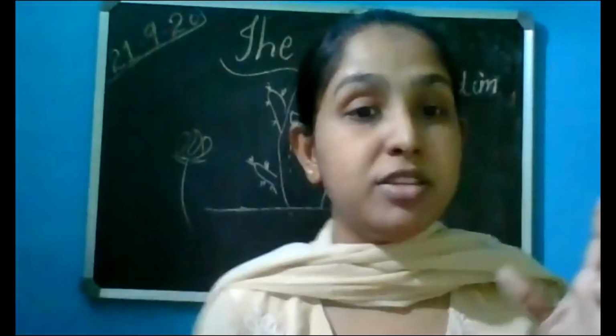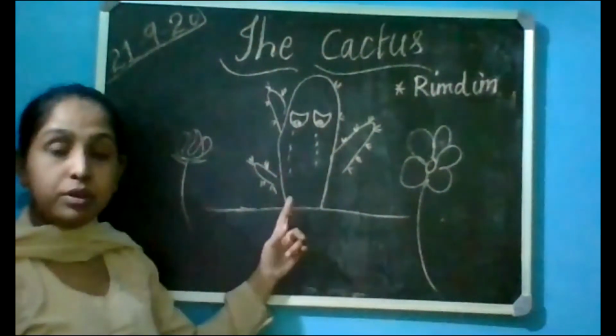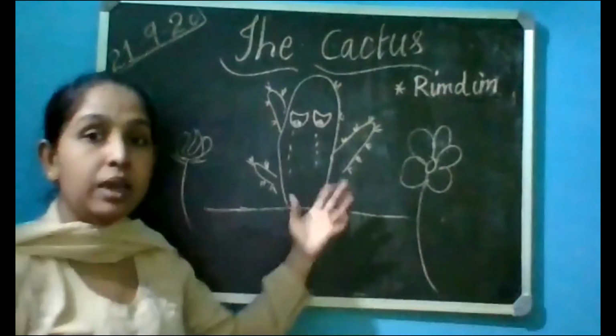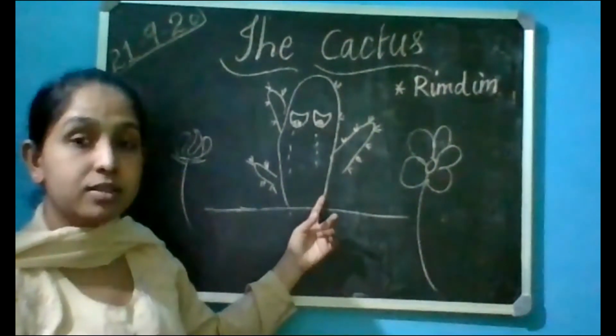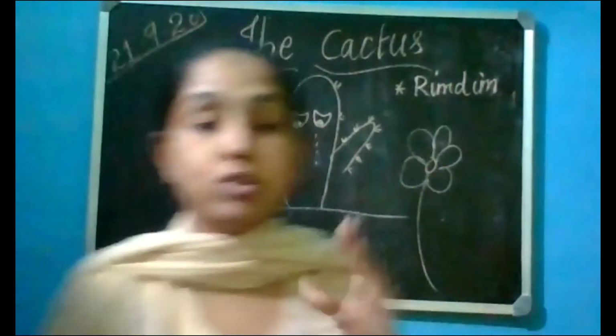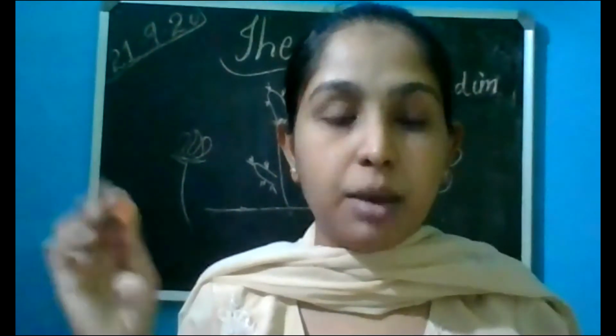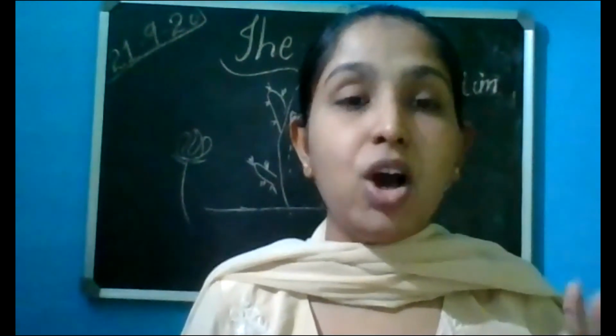So what do you mean by stem, children? The part of the plant which is just above the ground. I repeat again, what is a stem? The part of the plant which is just above the ground. So it has three stems. The cactus had three stems which look like a hefty club. Hefty is nothing but very heavy. Clubs. Thorns sprouted on these clubs in odd patches.